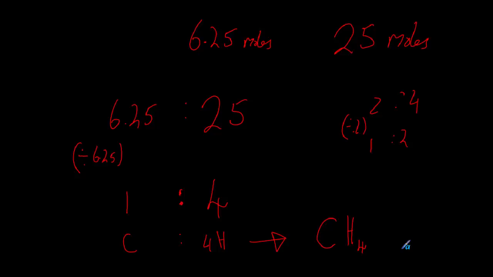And so that means if we'd done this experiment, even though we haven't used expensive equipment to see exactly what the molecules are made of, we have found out by percentage composition the empirical formula, which has then told us exactly what hydrocarbon we're dealing with. So we have methane there, CH4.